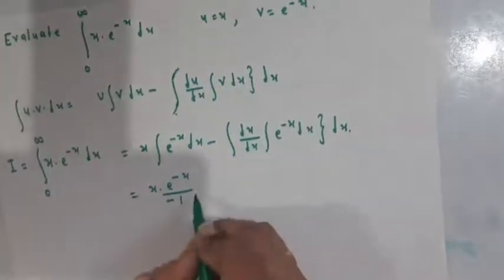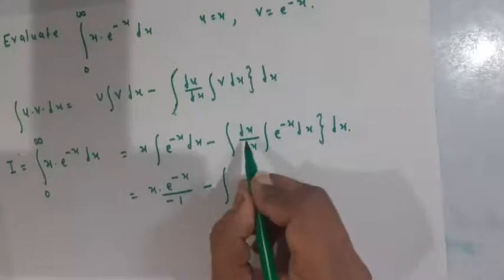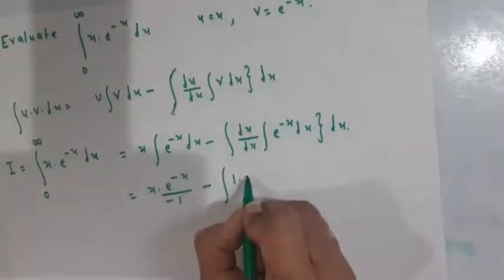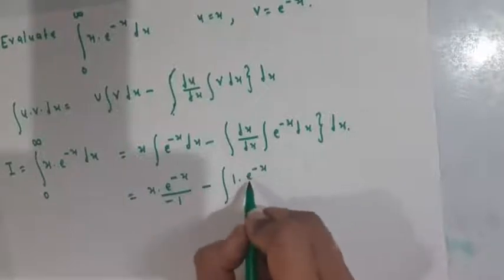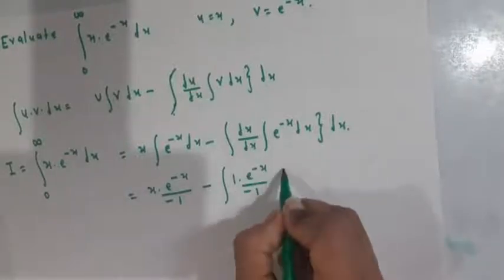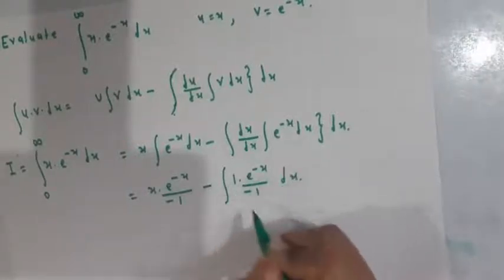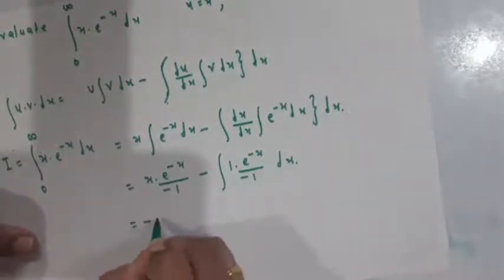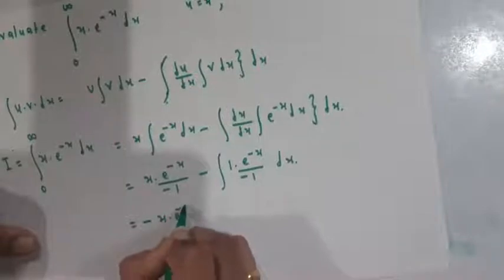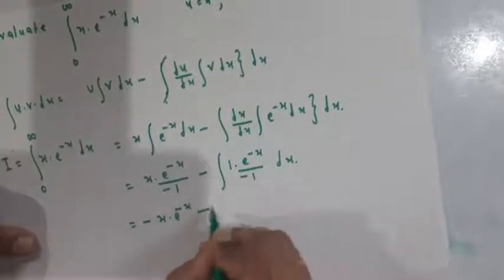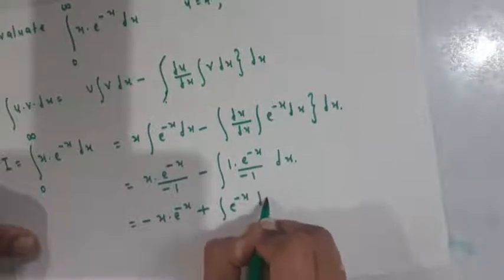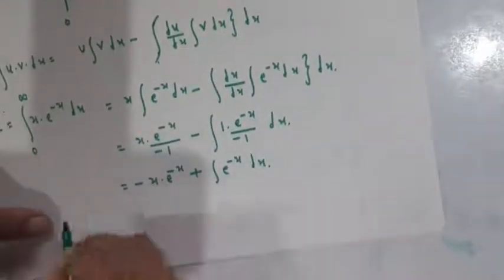Now the differentiation is 1 into integration of e raised to minus x, which is e raised to minus x upon minus 1 with respect to x, and now we have to integrate whole. This is equal to minus x into e raised to minus x minus minus becomes plus integration of e raised to minus x with respect to x.